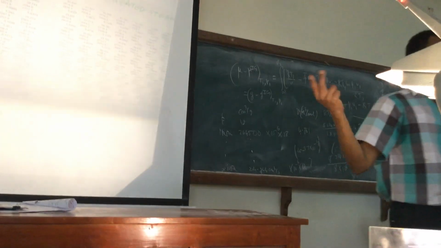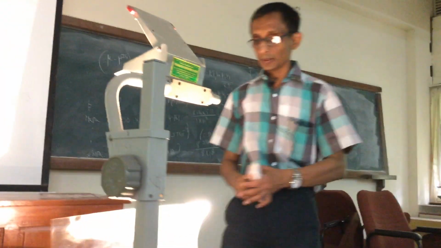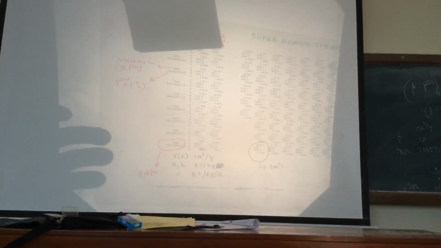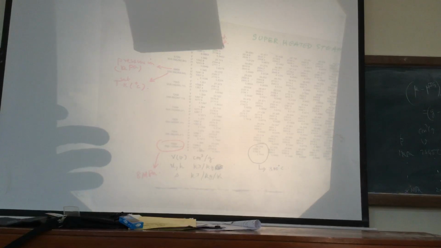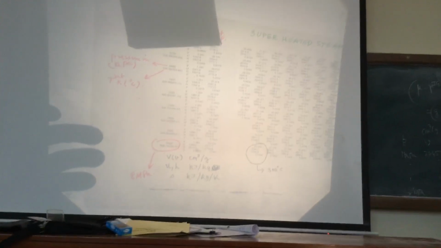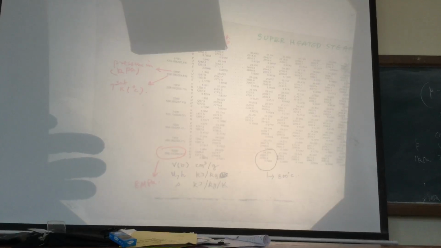And if you look at the tables, B is given, though we are not going to need that now. U, H and S are given. Either S and H or U and S can be used to find G, which is what we need, right?